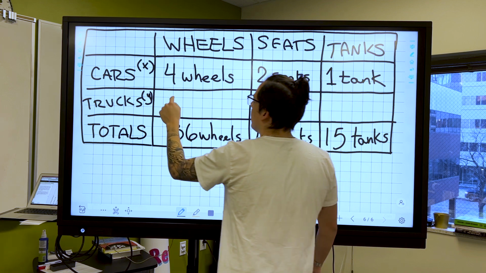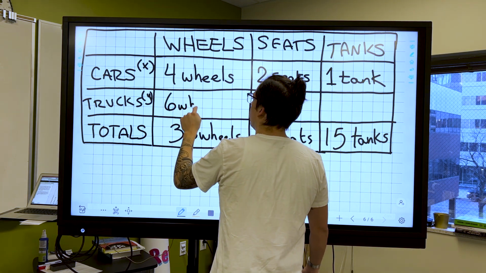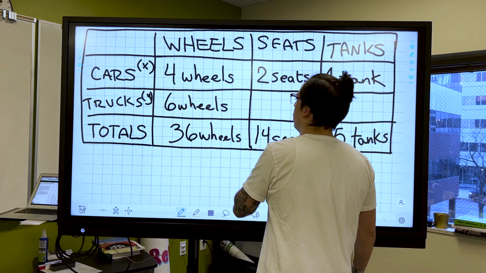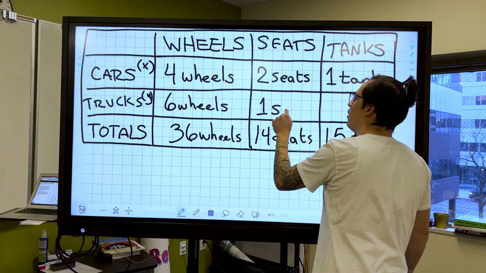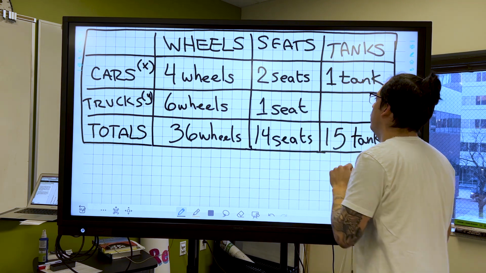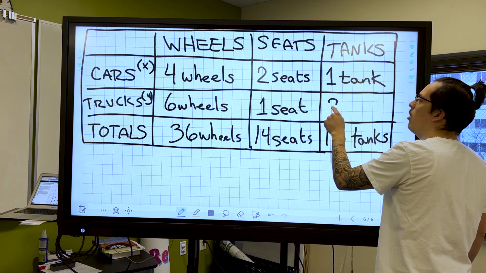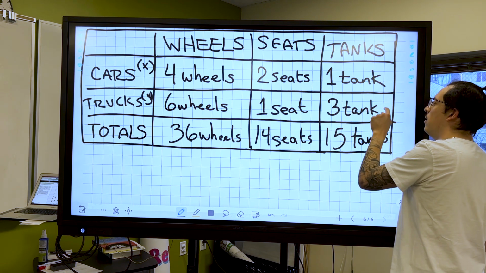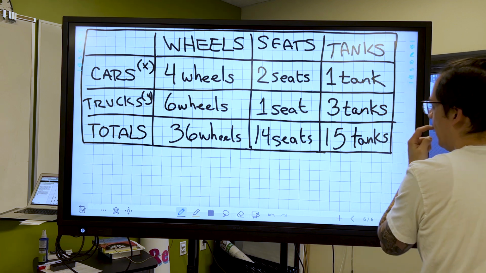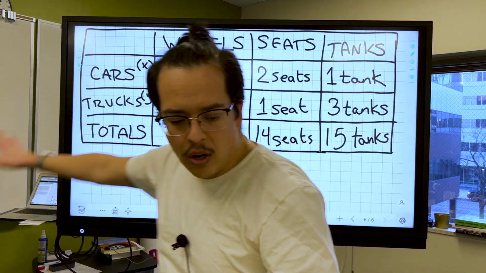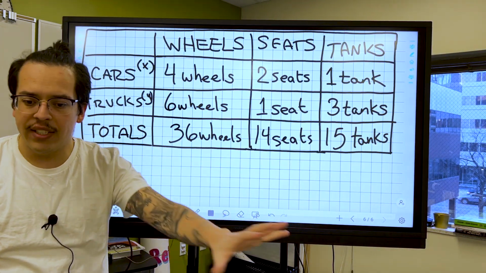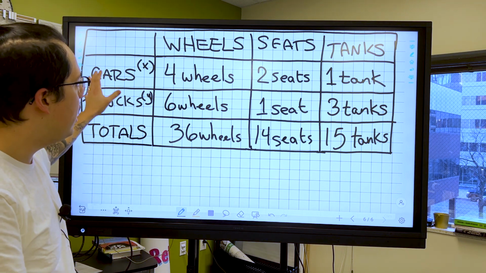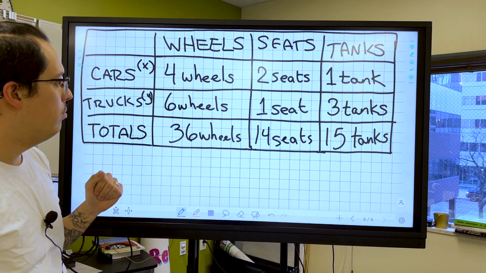Every truck takes 6 wheels, 1 seat, and 2 gas tanks. No, sorry, 3 gas tanks. And now we have all of the information from the text of that problem here in a table.